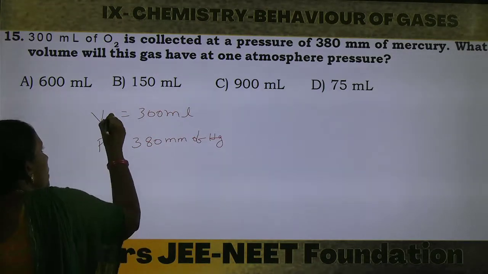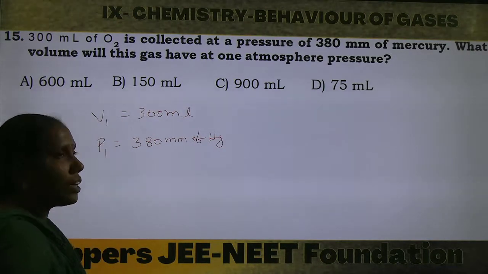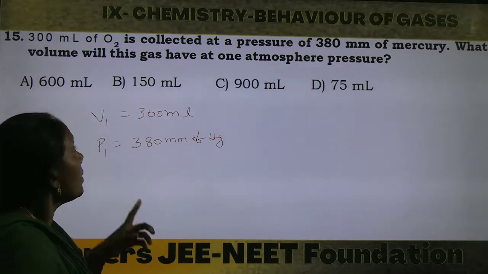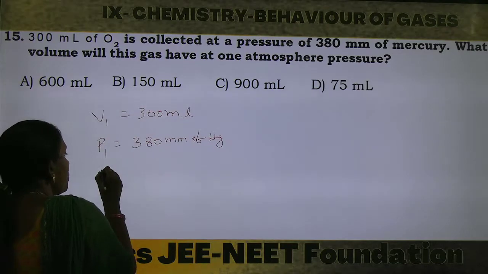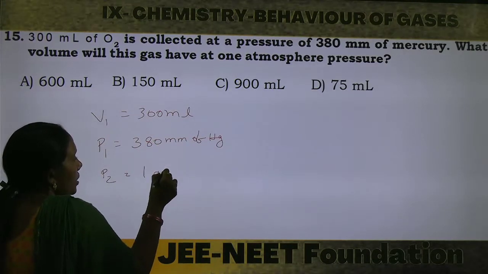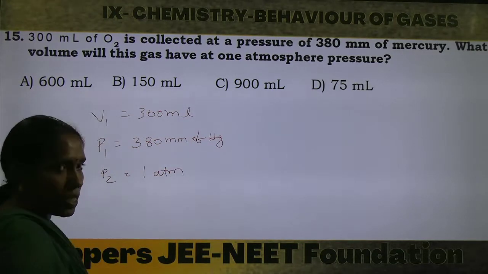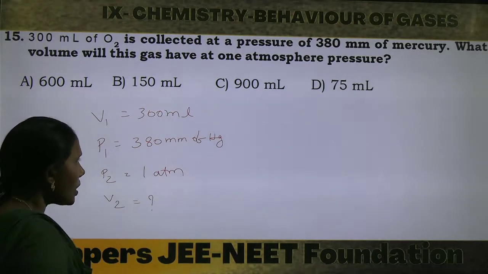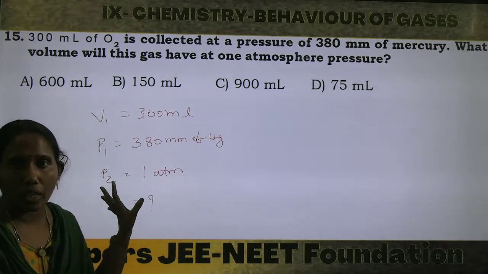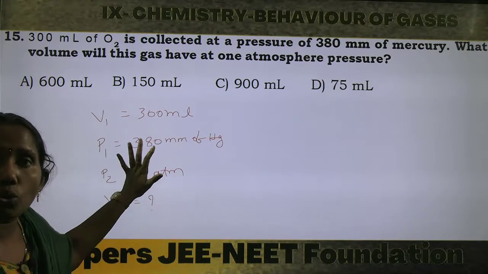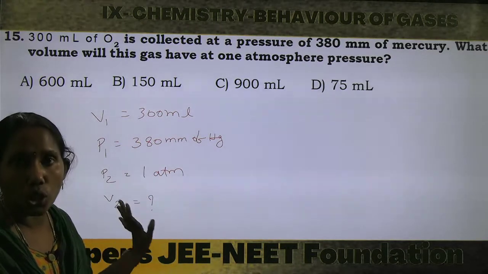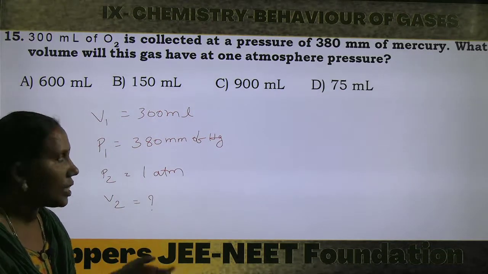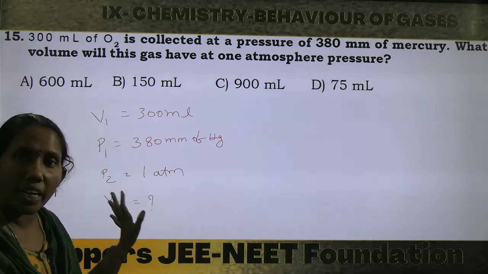The first one you consider as P1 and V1. He has given another pressure, that is 1 atmosphere, so P2 is 1 atmosphere, and he is asking to calculate V2. While doing numericals, we have to maintain the same units throughout the solution. If you are maintaining CGS units, all the values should be in CGS.